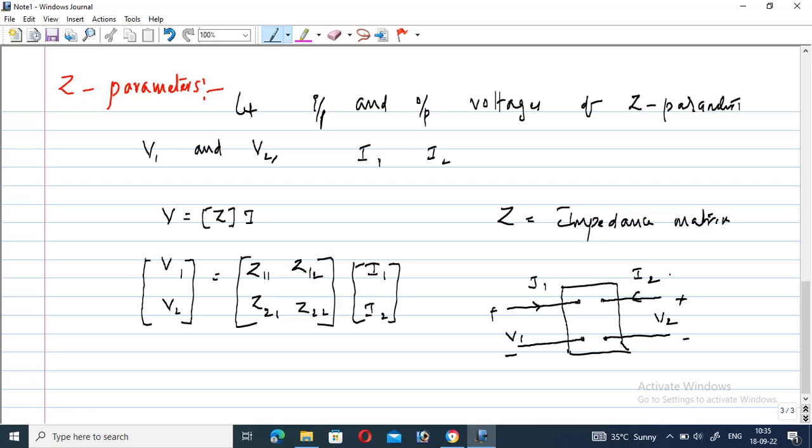As well as from this matrix, we can also define V as a function of I1 and I2.